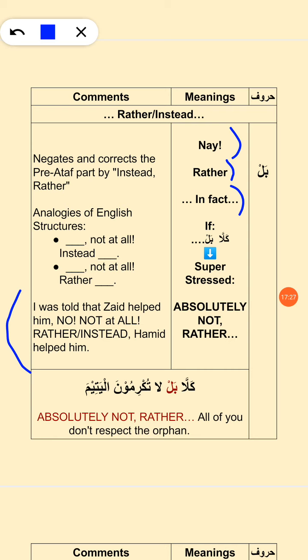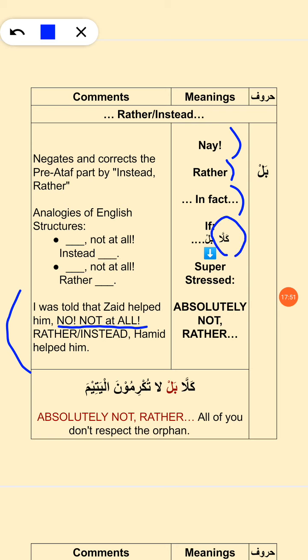You see that there is a certain kind of stress present, that it was actually Hamid who helped a certain someone, and it was rumored that Zaid helped him. So you have to have a powerful negation. And if you want to put an even stronger stress, then you can join it with kalla.